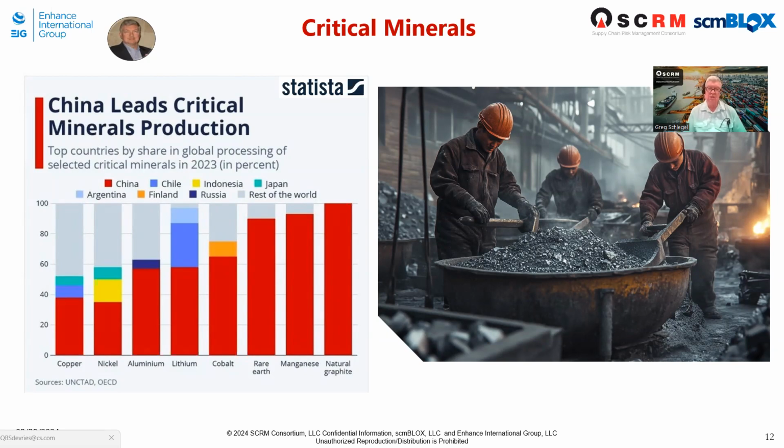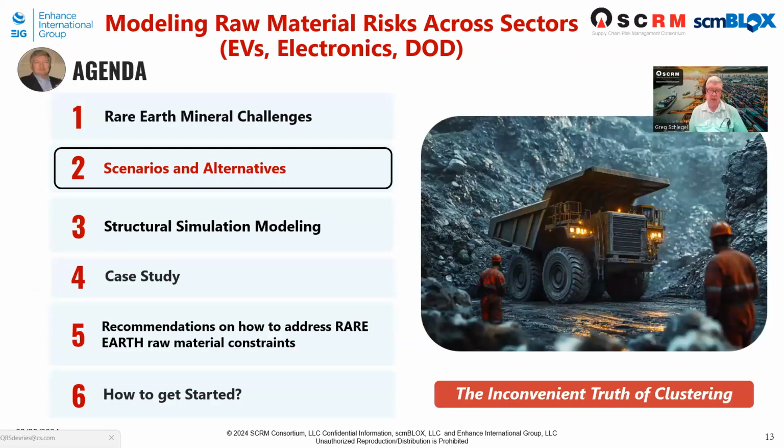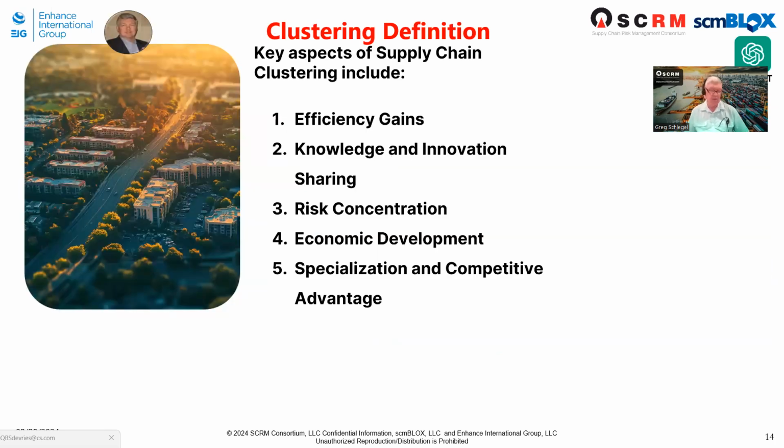So that leads us to our next section, which is scenarios and alternatives. With that, we'll start the discussion. We thought we'd start with an attempt to give you some grounding on the key aspects of supply chain clustering.